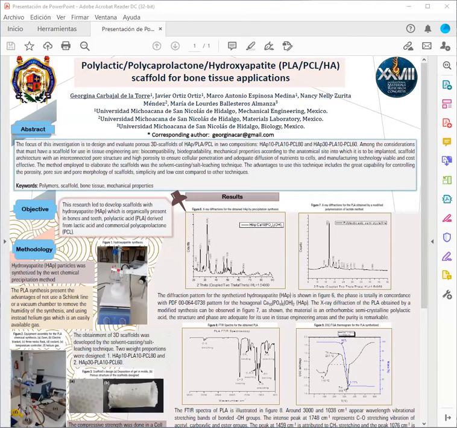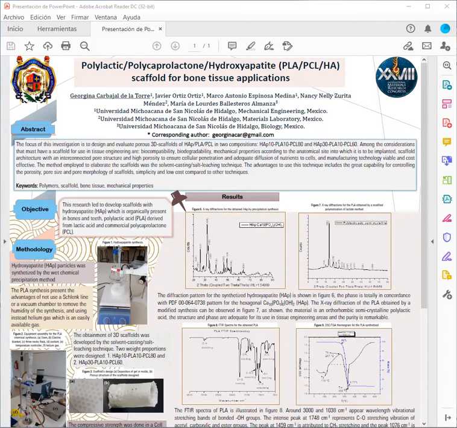And well, I must say that in the last years, defects in bone tissue have become more and more common in society. This is why biomaterials research has dedicated a specific area to the development and evaluation of materials that can address this issue.